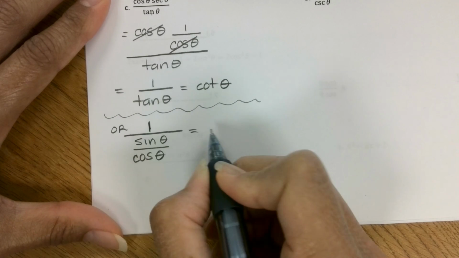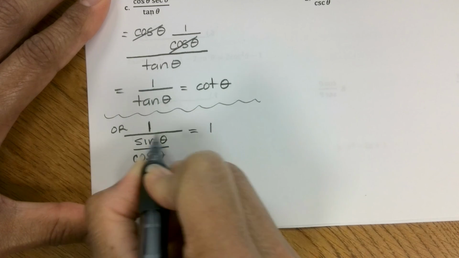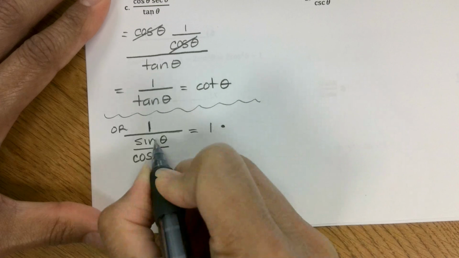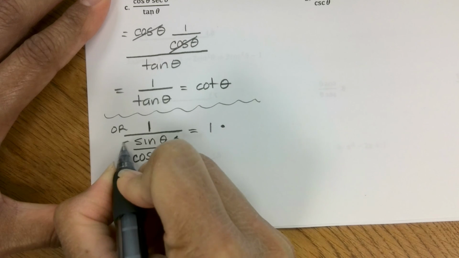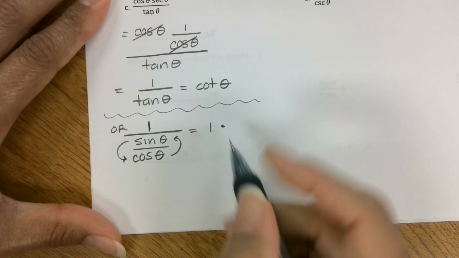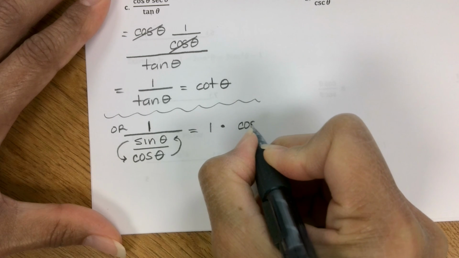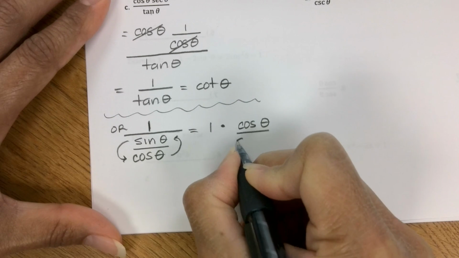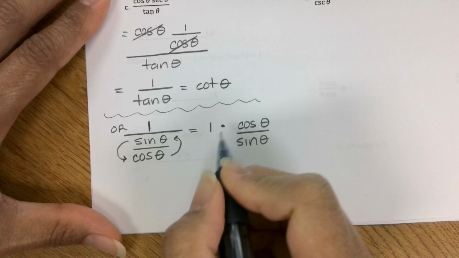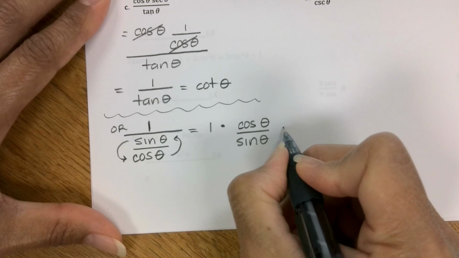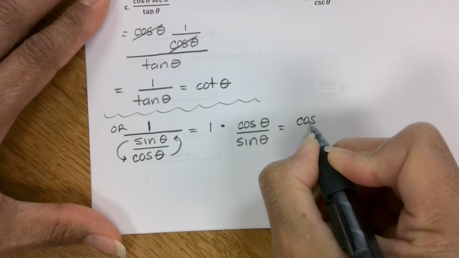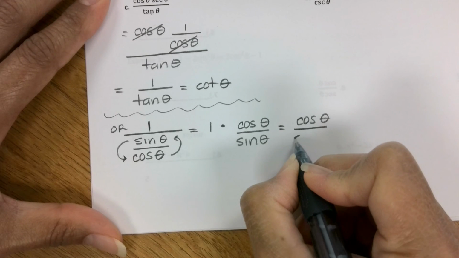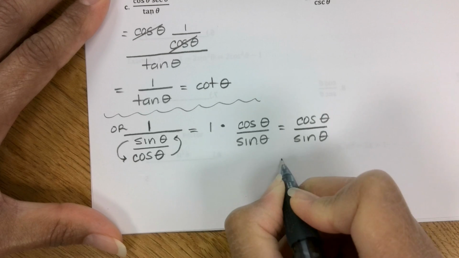You keep this, change into multiplication, and this flips. So it becomes cosine over sine, but 1 times cosine over sine is just cosine over sine, which is cotangent theta.